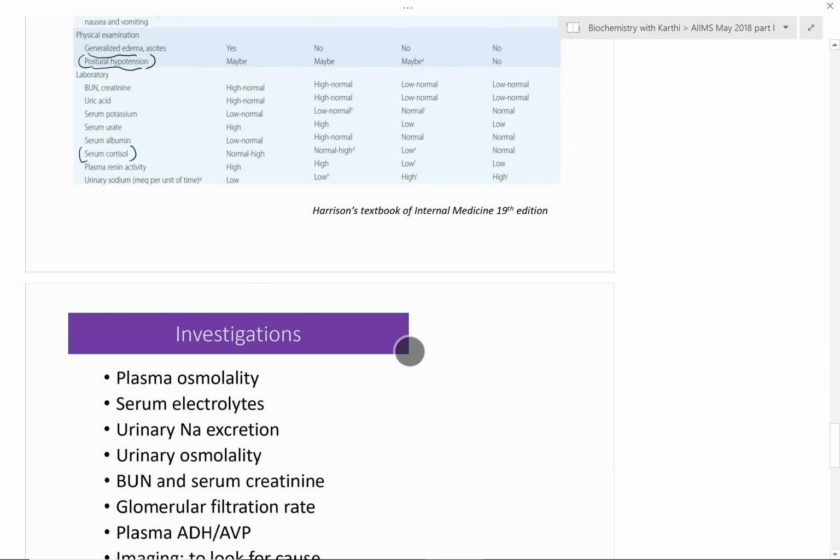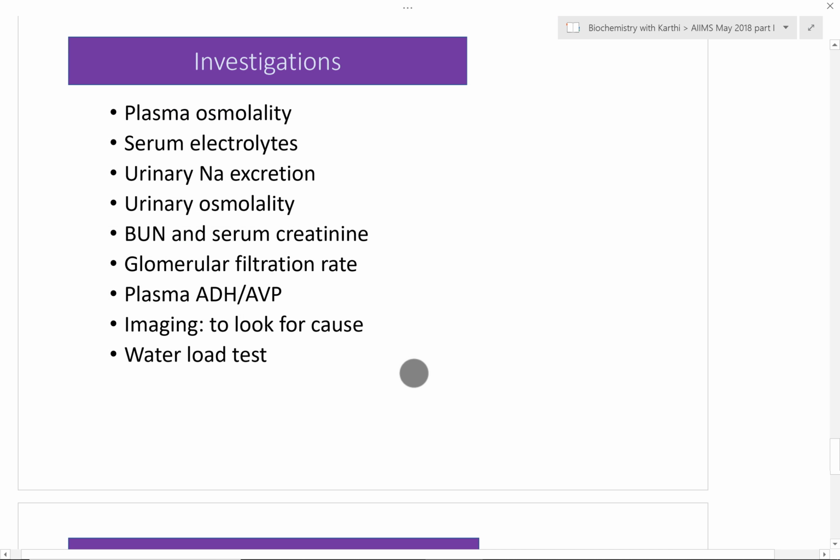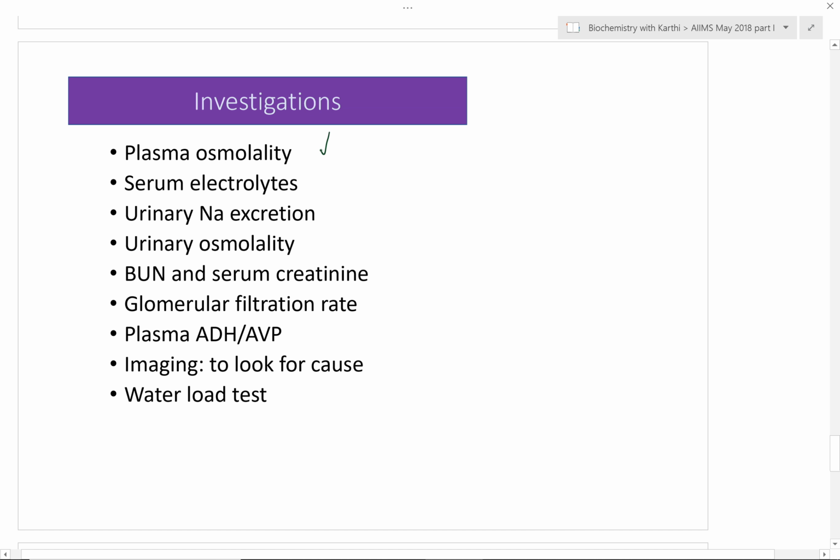So what are the investigations that you'll do? First, you'll check the plasma osmolality. So the plasma osmolality will be reduced in SIADH due to the expansion of the volume. The serum electrolytes, especially the sodium, will be decreased as it is euvolemic hyponatremia.